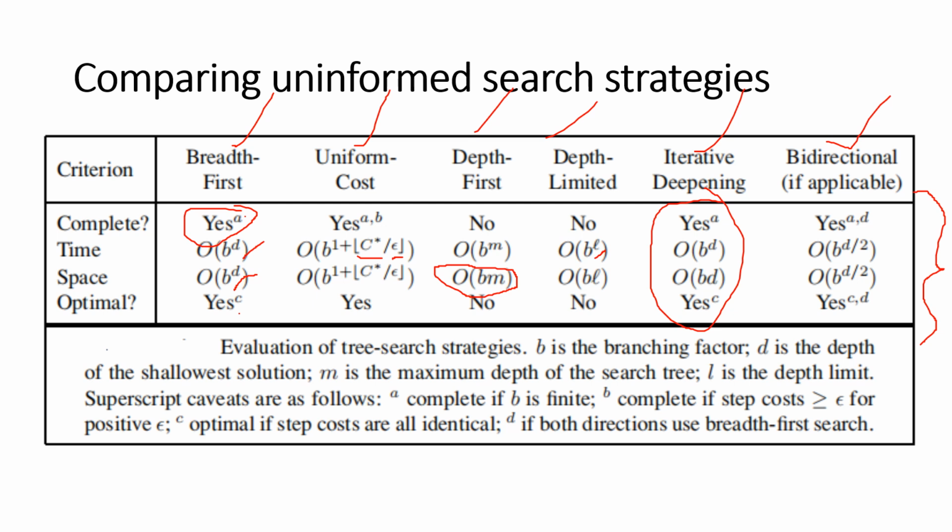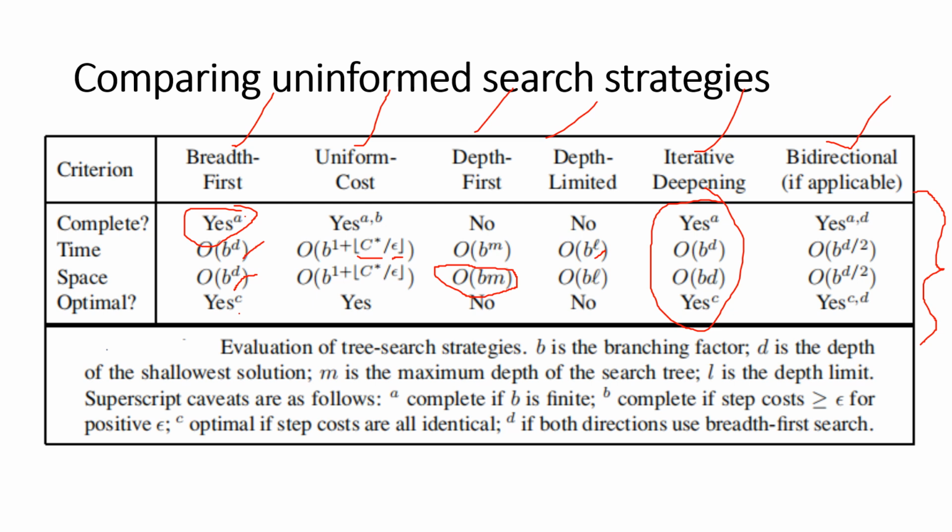Then coming to the bidirectional search, it is complete if both directions use BFS and goal is unique. And here the time complexity will be b to the power d by 2 and space complexity will be b to the power d by 2.